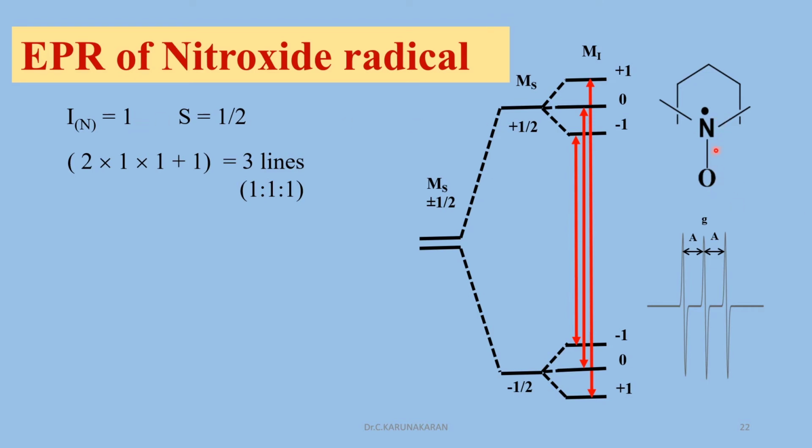Since nitrogen-14 is NMR active and oxygen-16 is not NMR active, we have seen earlier, I equal to 1, S equal to 1/2. Therefore, there are 3 lines. They are of equal intensity. This splits into a triplet, with MI equal to 1, 0, minus 1. The hyperfine coupling constant is calculated as follows.